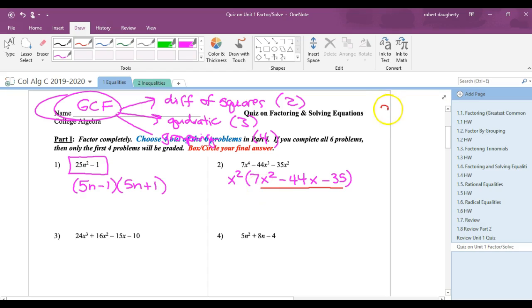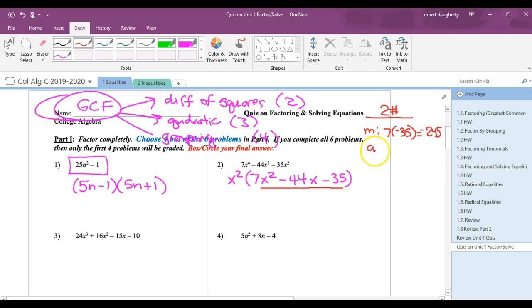That will factor if I can find two numbers that multiply to give me whatever 7 times negative 35 is. So 7 times negative 35, you've got a calculator on this. So 7 times 35, that's negative 245.